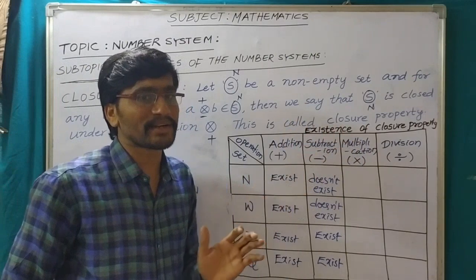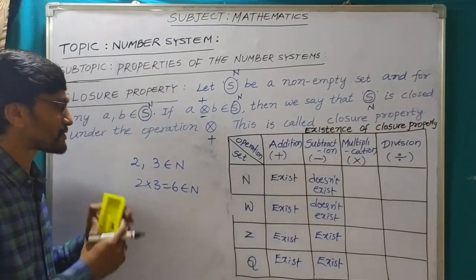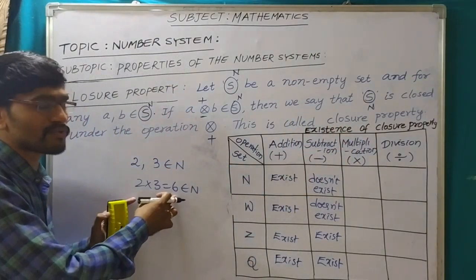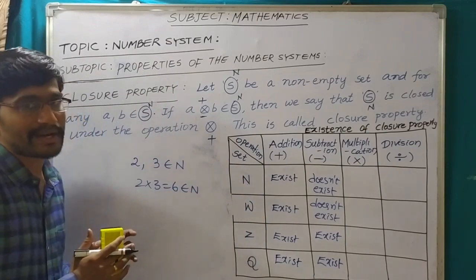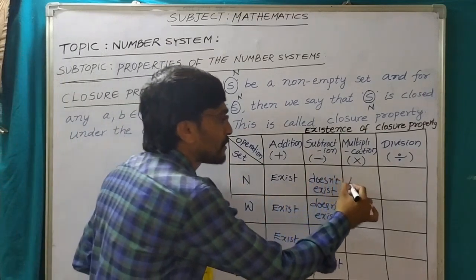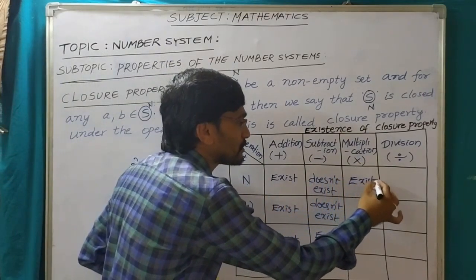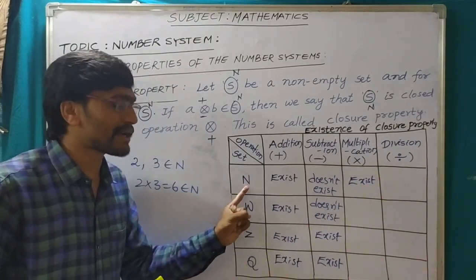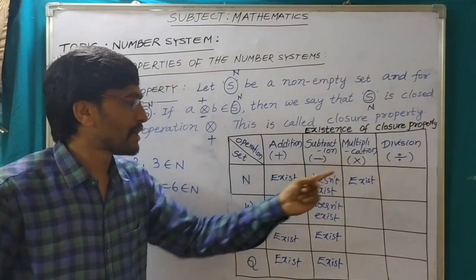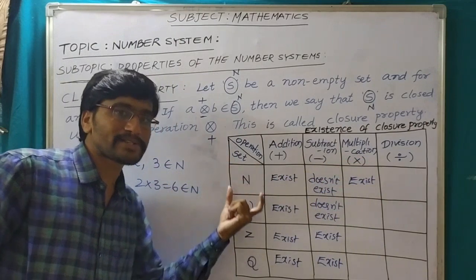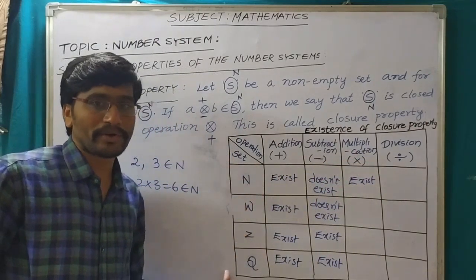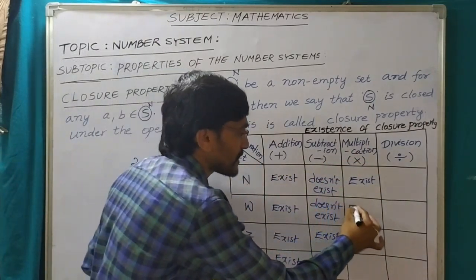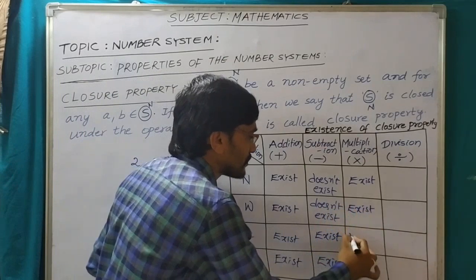Otherwise, take an example like this: 2 and 3 are natural numbers. 2 into 3 gives what? 6. 6 is also a natural number, right? So the closure property exists for natural numbers under multiplication. If it exists for natural numbers, then it also exists for all the remaining numbers. No need to check. So it exists.